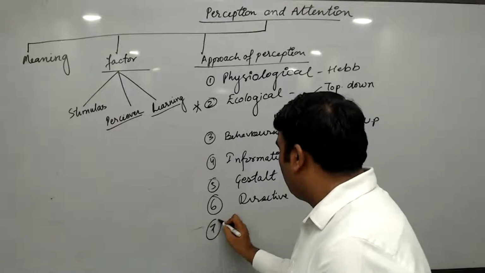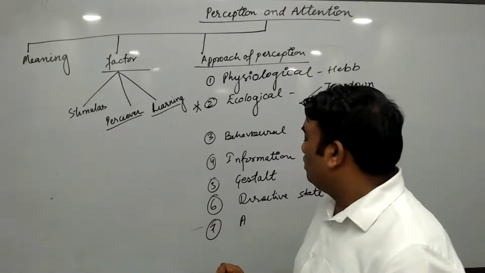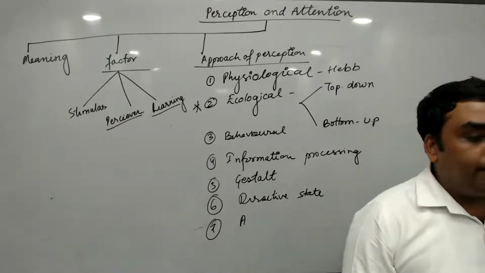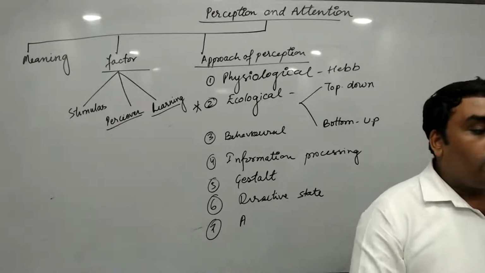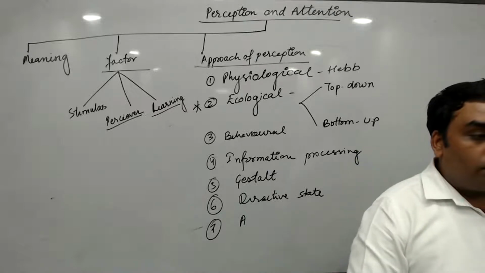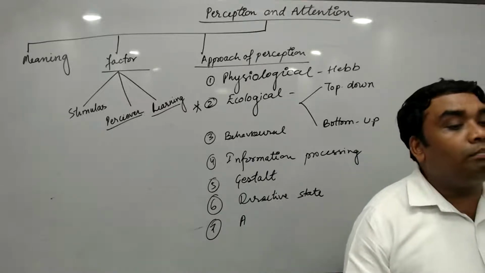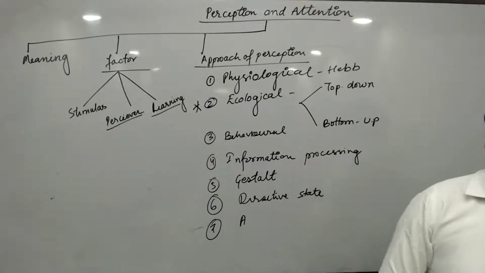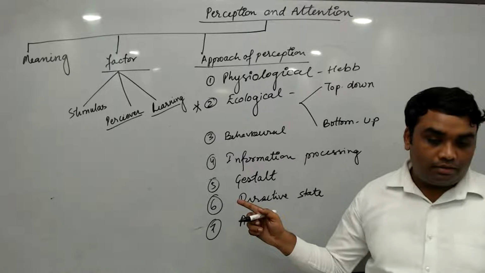But what is the directive state approach? It says that if you want to perceive anything, you need to break it into parts, because breaking things down will give you better perception as compared to the whole. It is just vice versa of Gestalt.